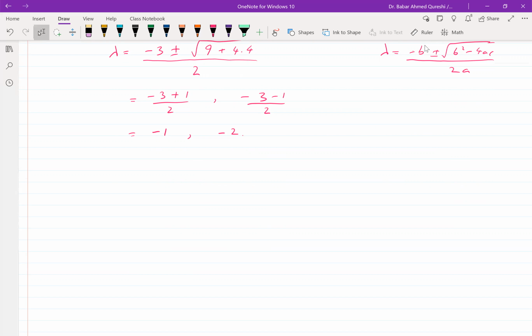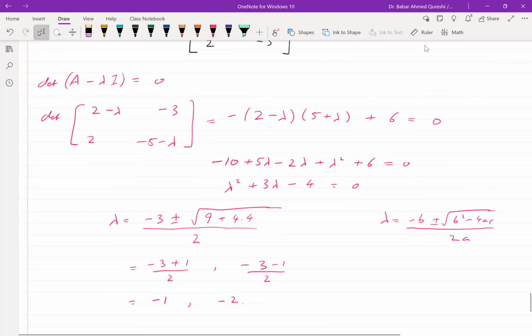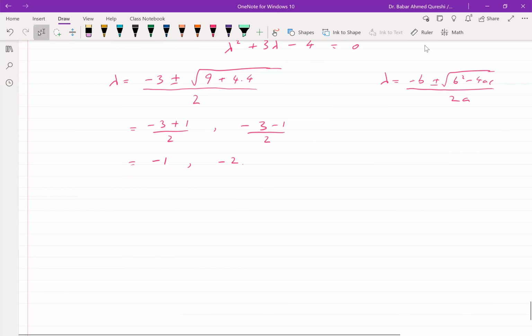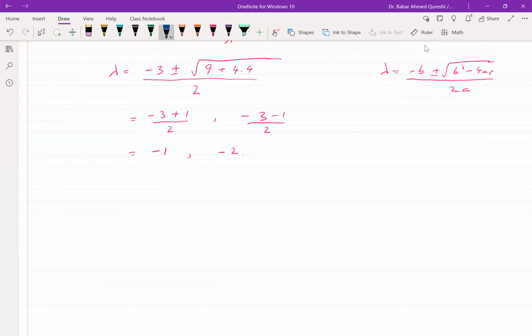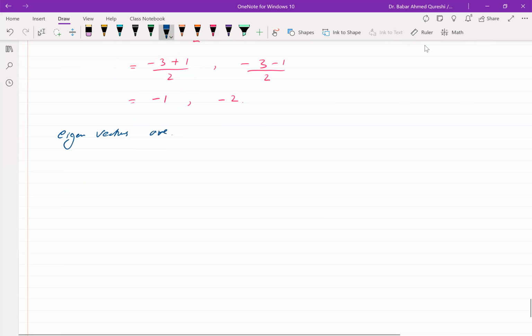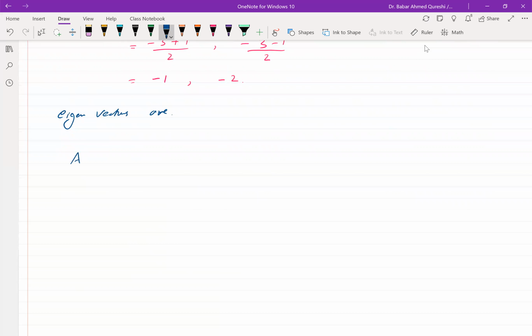Now let's find the eigenvectors. These are the eigenvectors I'm trying to find.